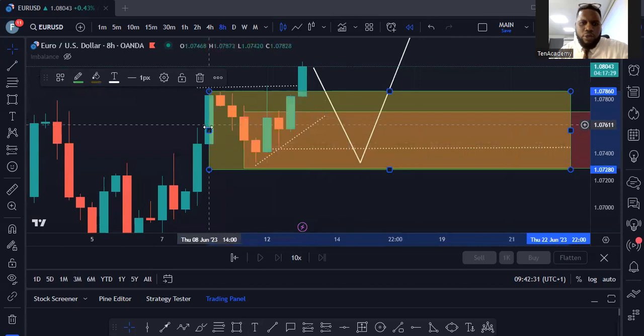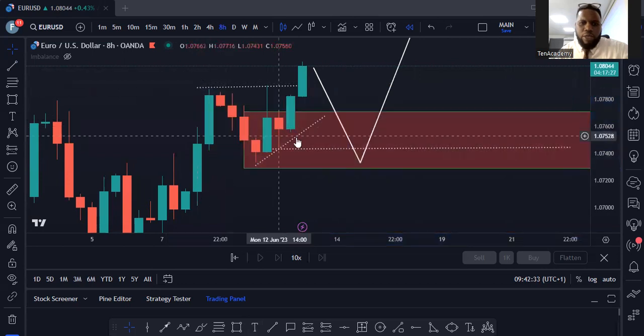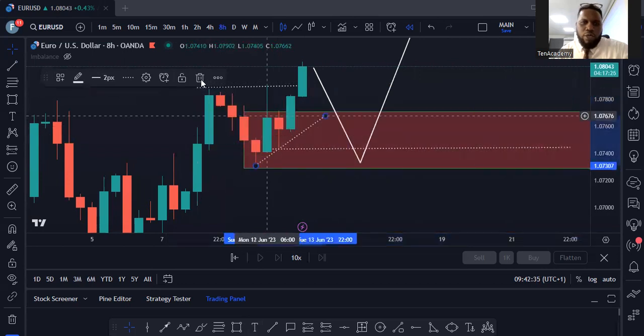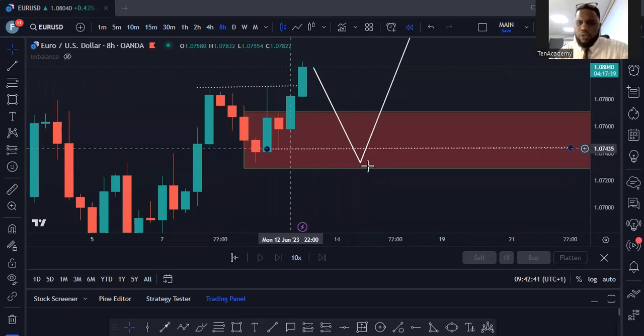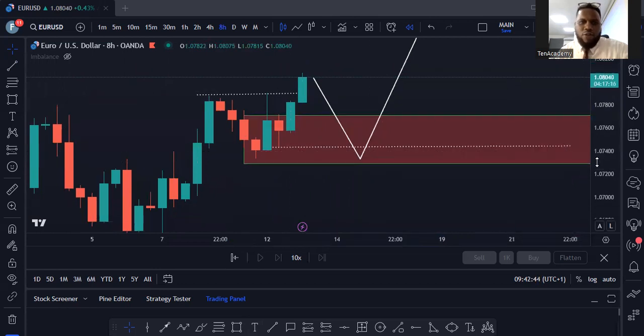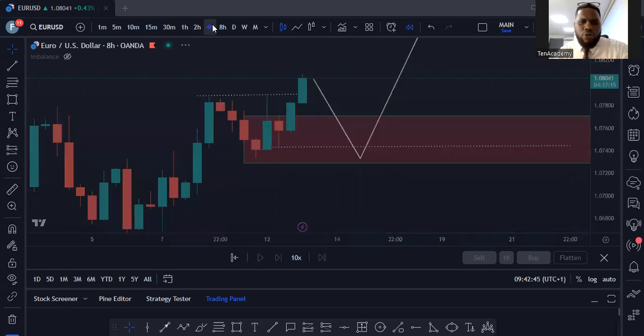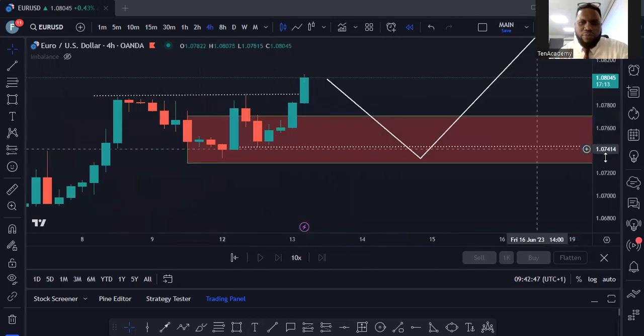So I just said that to let you know that if you have to take a buy inside the zone, it makes a lot of sense for you to wait for price to go lower, below this zone. It's a sweet spot for a buy. It's the same thing we're going to see on 4-hour time frame.